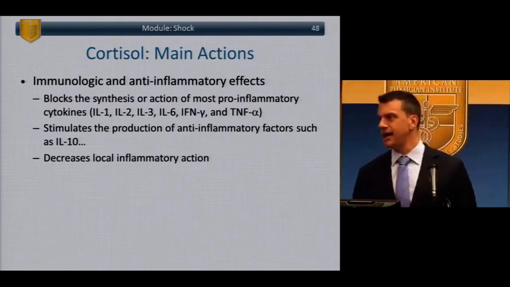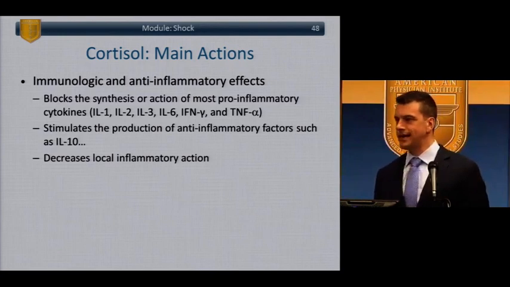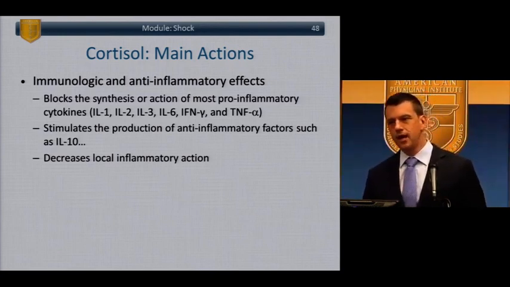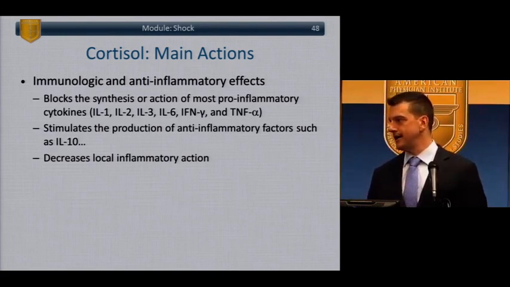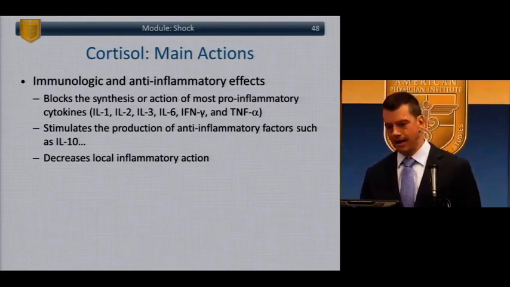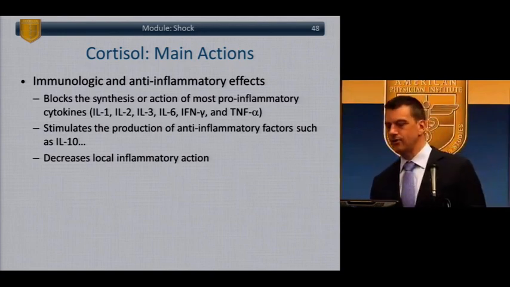It also has immunologic effects. This blocks synthesis of many of the interleukins, 1, 2, 3, 6, TNF-alpha, all the inflammation. So it's sort of a brake mechanism on an overexuberant response, and that's why we can use this to treat inflammation as a drug. Also, it stimulates anti-inflammatory factors and decreases local inflammatory action.